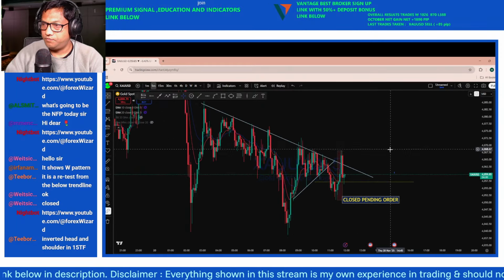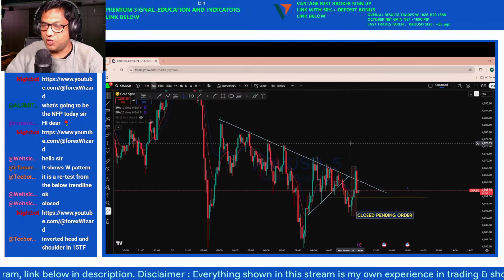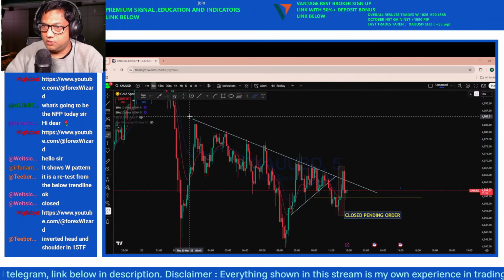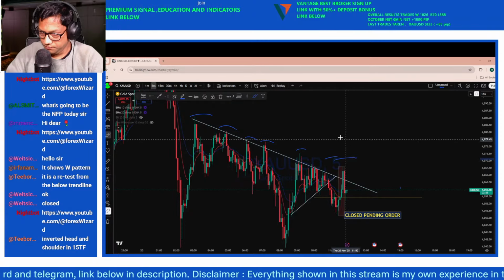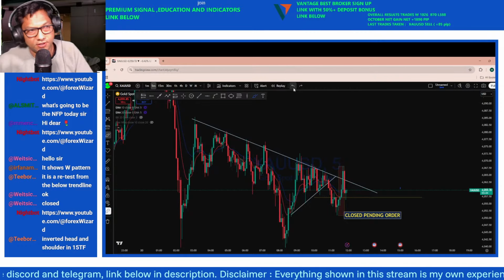So in this line, there is something that you can spot. And what is that? A series of lower highs. And this series of lower highs is in a downtrend.